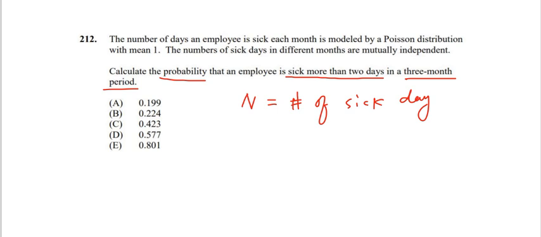For each month, the number of sick days follows a Poisson distribution with mean 1.